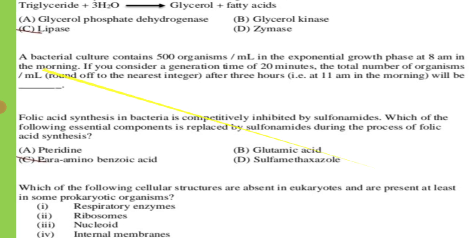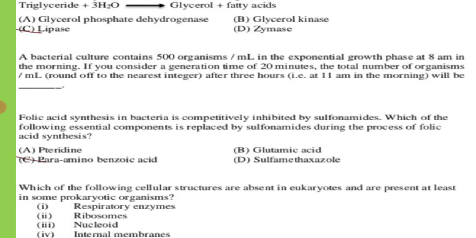Then next question. Folic acid synthesis in bacteria is competitively inhibited by sulfonamides. Which of the following essential components is replaced by sulfonamides during the process of folic acid synthesis? The option C, that is PABA, para amino benzoic acid.